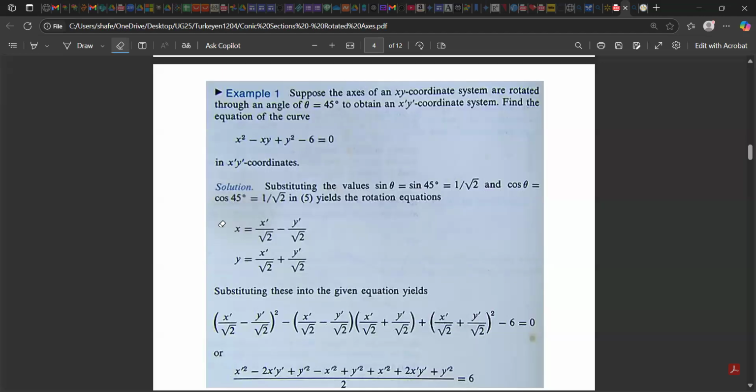So the relationship becomes this, right? So you have X is this ugly thing. Y is this ugly thing. You take these two now and you put them where you see X and where you see Y, right? Where you see X, you put this, where you see Y, you put that.